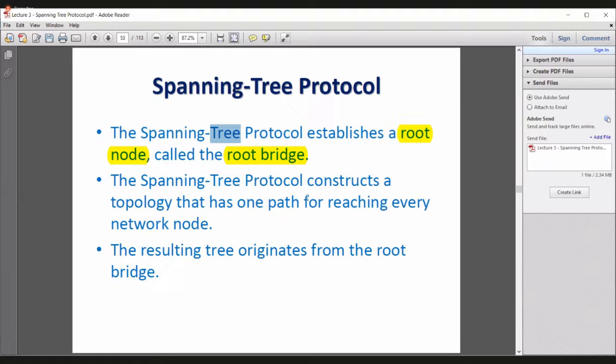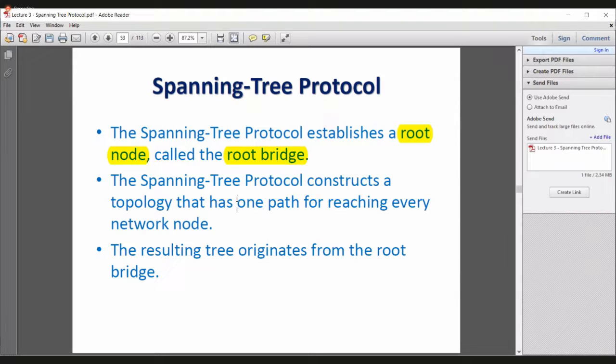So the second point, the spanning tree protocol constructs a topology, right? Eventually, spanning tree protocol constructs a topology on top of the physical infrastructure. Physical infrastructure represents the topology. Topology is none other than just physical connectivity. Then spanning tree protocol constructs a logical topology that has one path for reaching every network node.